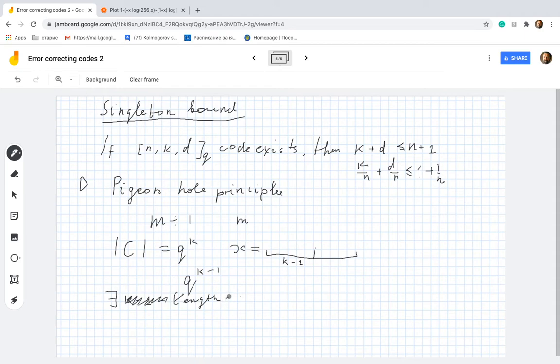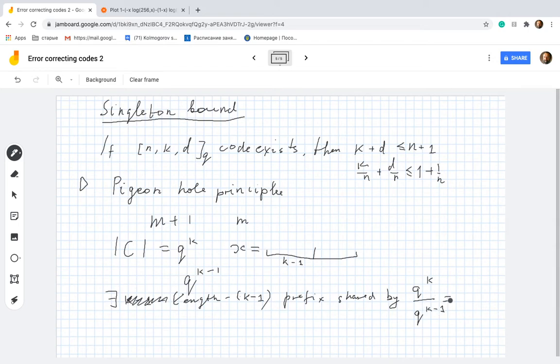So there is a length k minus 1 prefix shared by at least q to the k over q to the k minus 1 code words.